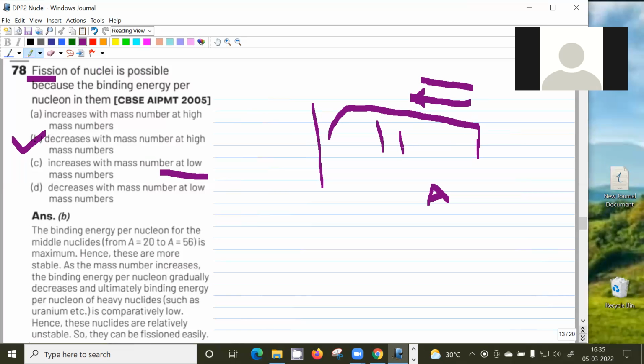Fission happens always at high mass numbers only, sir. Helium will not undergo a fission reaction. That's what I'm saying. If you have to make helium into hydrogen, then you have to supply energy. You're going in this direction, and for that you have to supply energy. But here we are trying to extract energy, right?